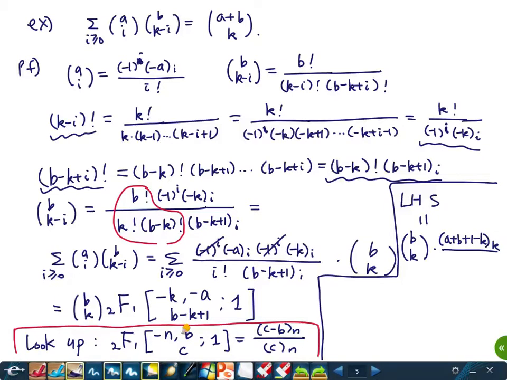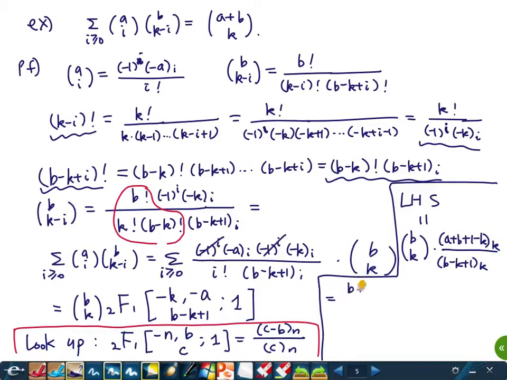All right? This is nothing but substitution. And here c sub n, c sub k. So c is b minus k plus 1 sub k. Okay.